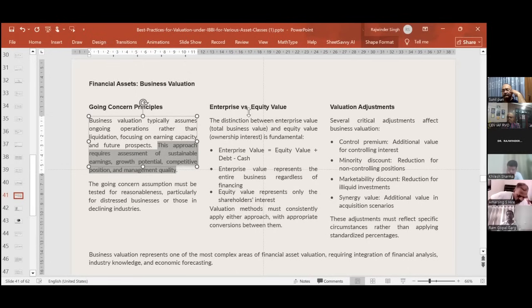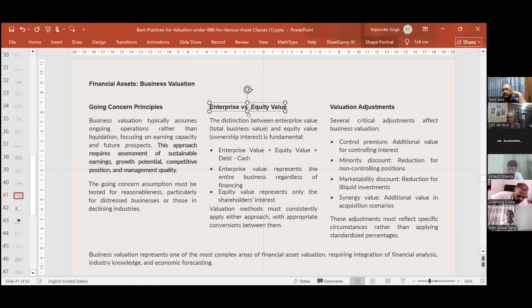Next thing you must understand is the difference between enterprise and equity value. The distinction between enterprise value, meaning total business value, and equity value, meaning ownership interest, is fundamental.